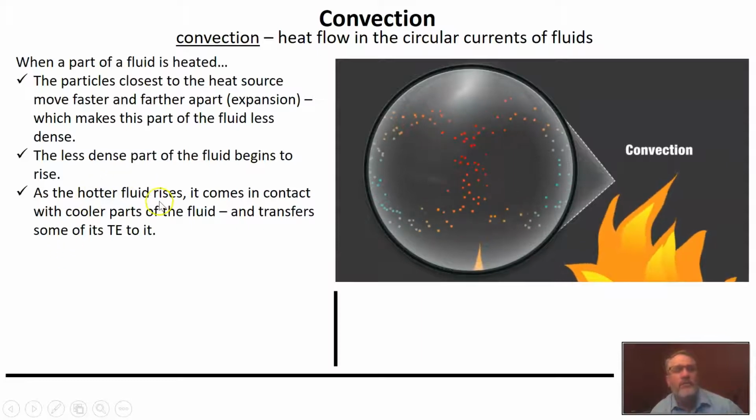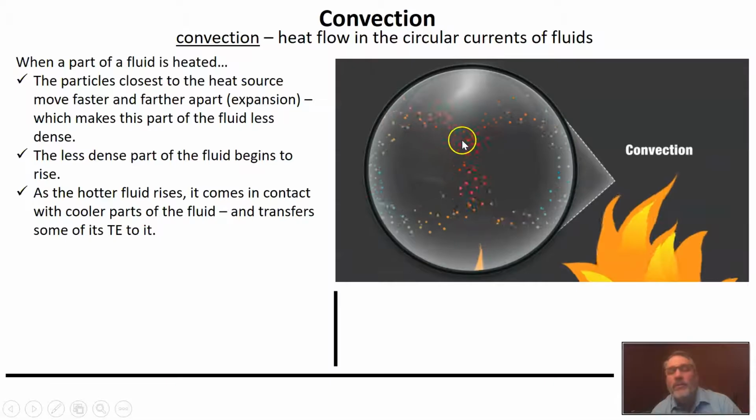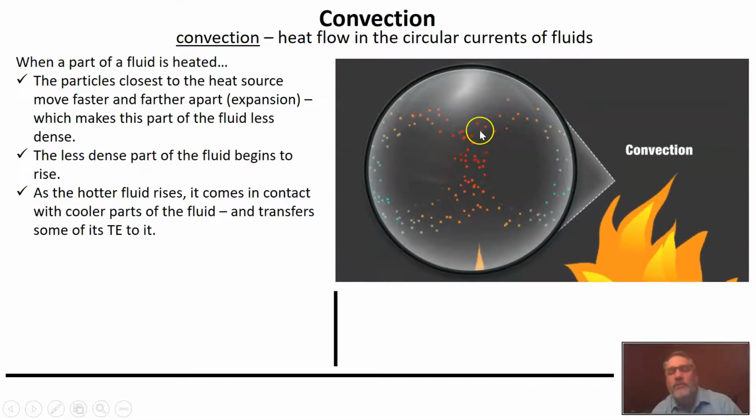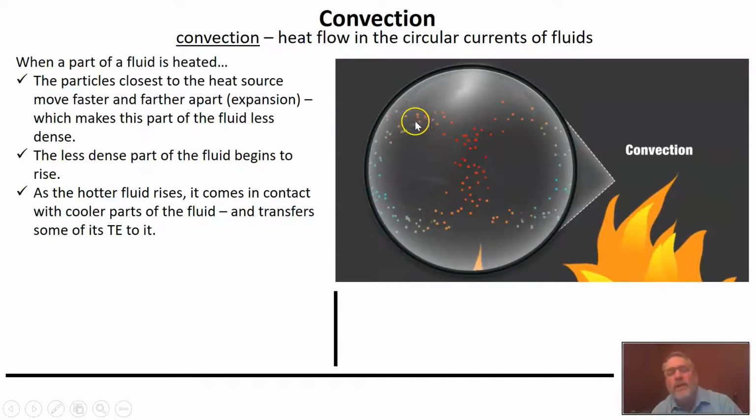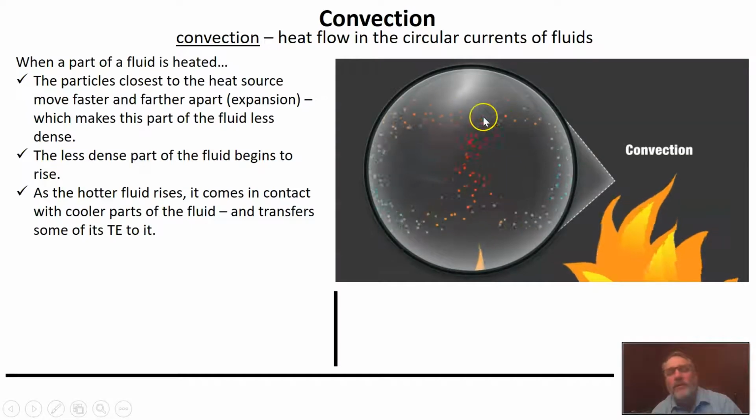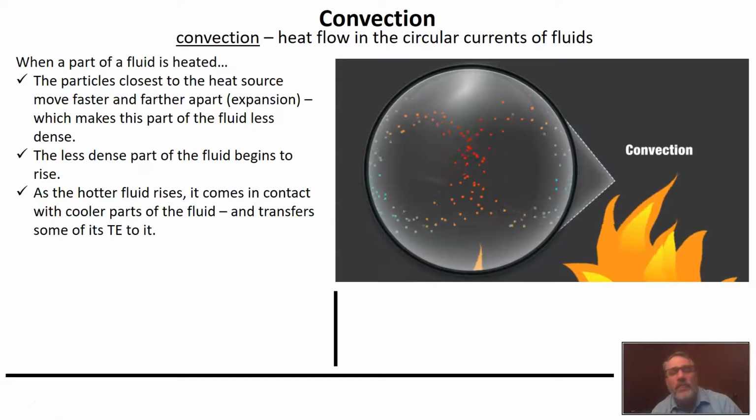So as that hotter fluid rises up, as it's moving up, it's going to come in contact with other parts of the air, and it's going to start giving some of its energy away. You can see that here in our animation, whenever these particles of air are colliding with other particles of air around them, they're giving some of that heat energy to them. When they give that heat energy to these other particles that are already cooler, they transfer some of the energy.